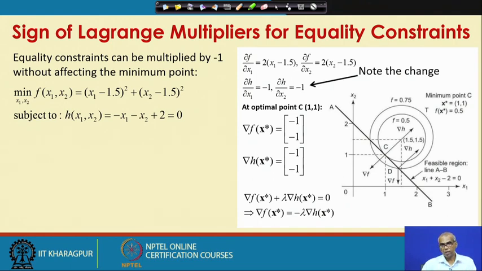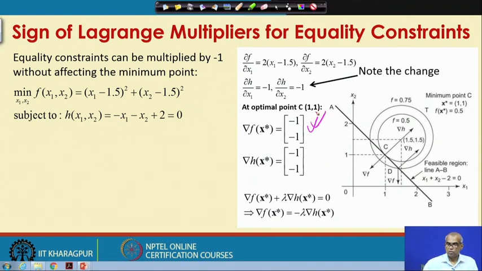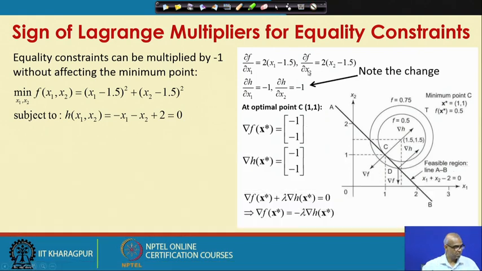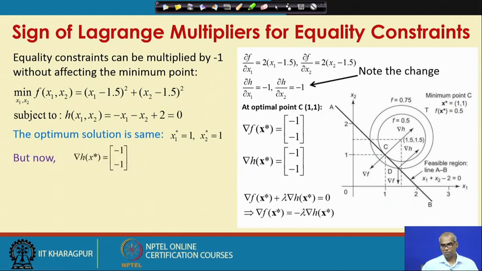The optimal point is the same as point C. So the gradient vector del f at point C and the constraint vector del h are lying on the same line. So del f at x star is -1 times del h at x star, that means evaluated at point C, and what we get for lambda is -1.